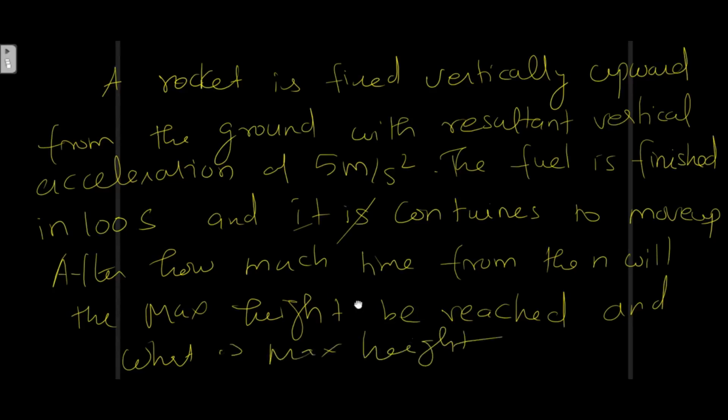Here we can find. Generally the rocket started from the ground. This is the ground. This is the rocket starting with velocity 0, initial velocity 0. The resultant upward velocity is gaining as the resultant acceleration is 5 meter per second square. After reaching some height, finishing 100 seconds, the fuel is exhausted.